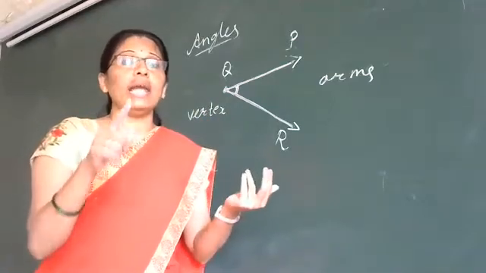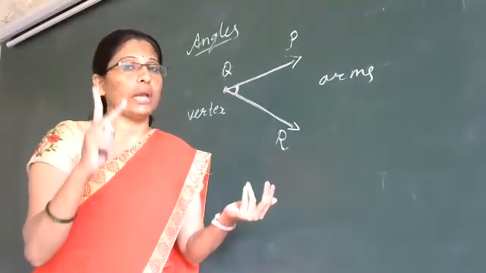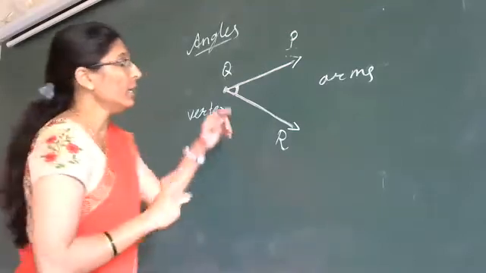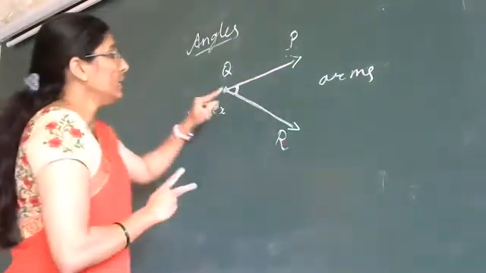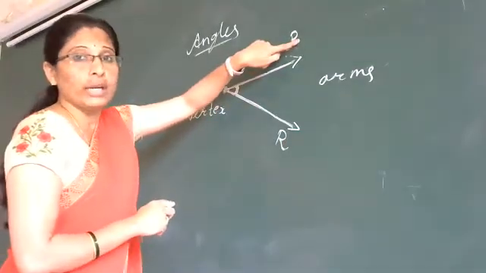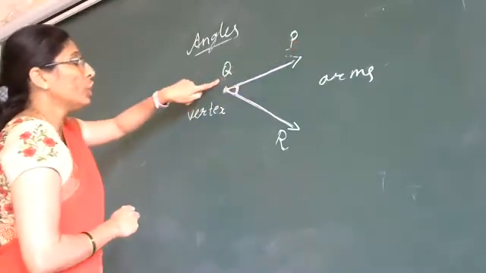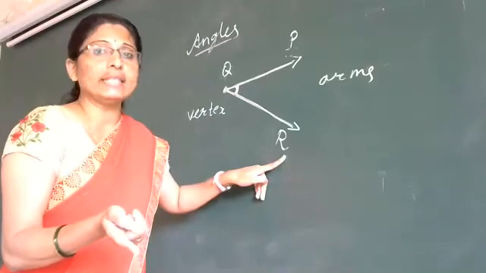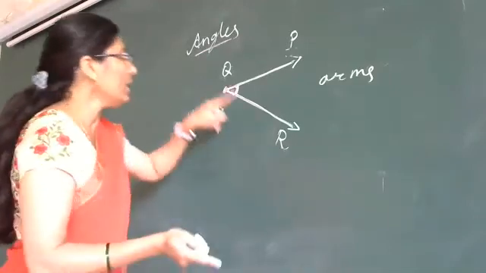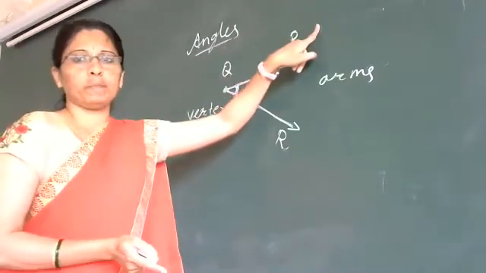Now, how do we read it? Always we name a ray by two capital letters. Here, when we are making an angle, we have to read it as angle PQR, or we can read it as angle RQP.